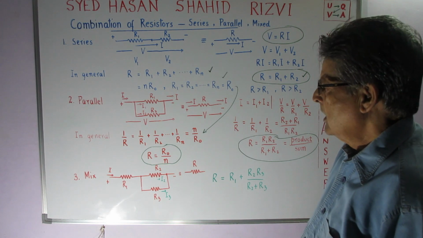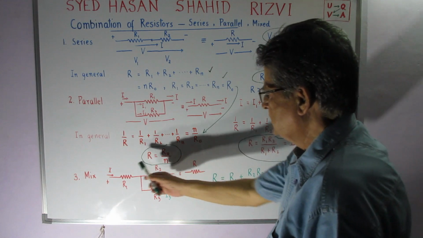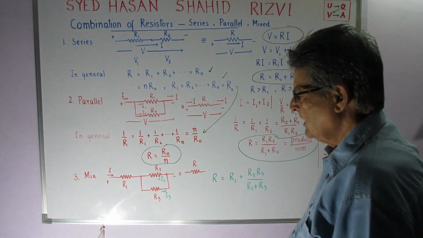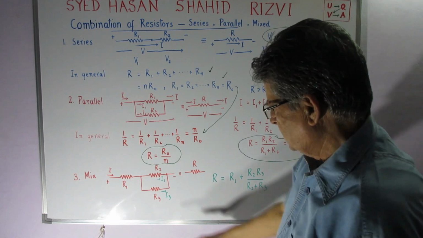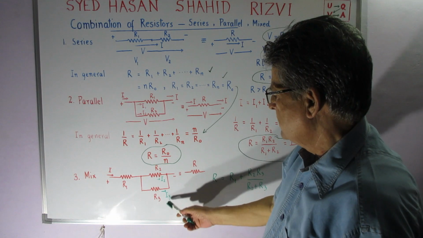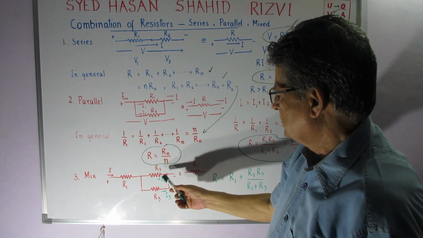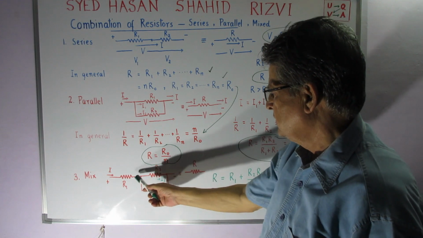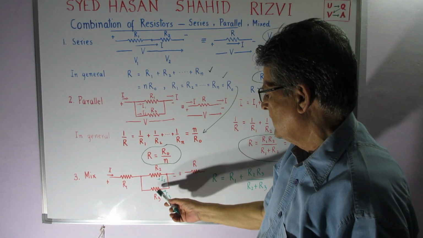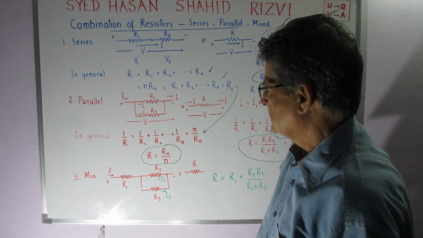And one thing that they may ask in this, that if the potential difference is equal to capital V, and these values are also given to us, so what is I1, and what is I2, I3, etc. So we just measure the potential difference over here divided by R2, divided by R3, etc., like we have done in the case of capacitors.